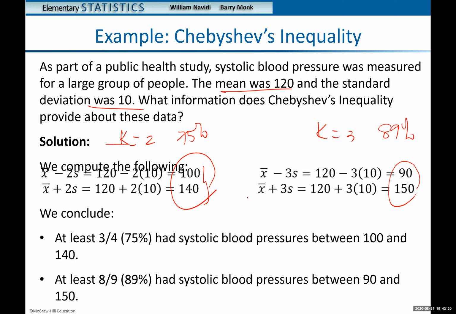When k is equal to 3, at least 89% had systolic blood pressures between 90 and 150. Okay, please copy. Any questions?